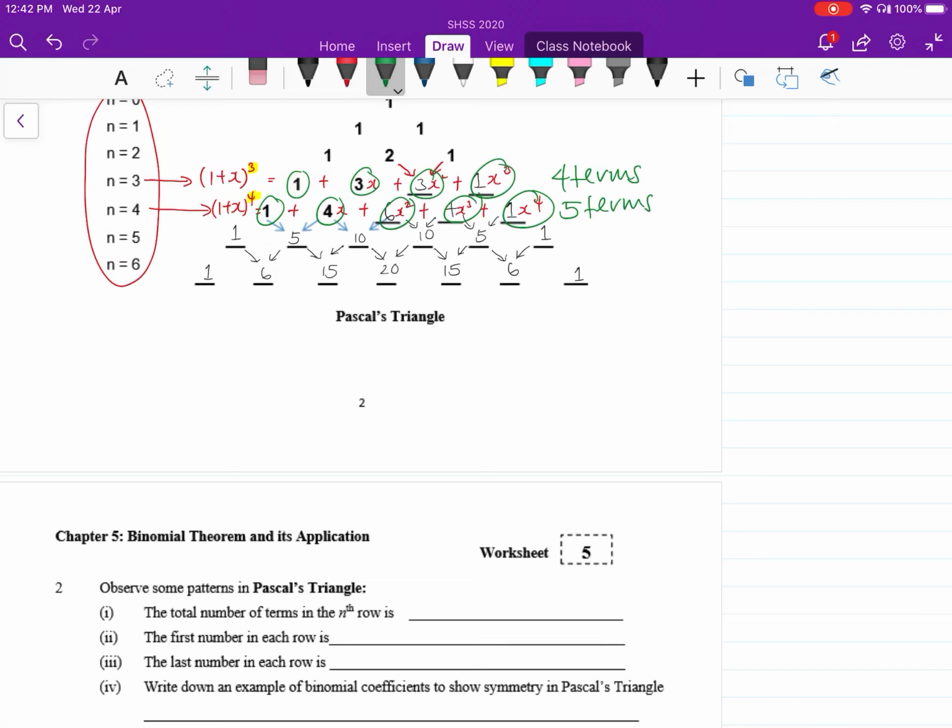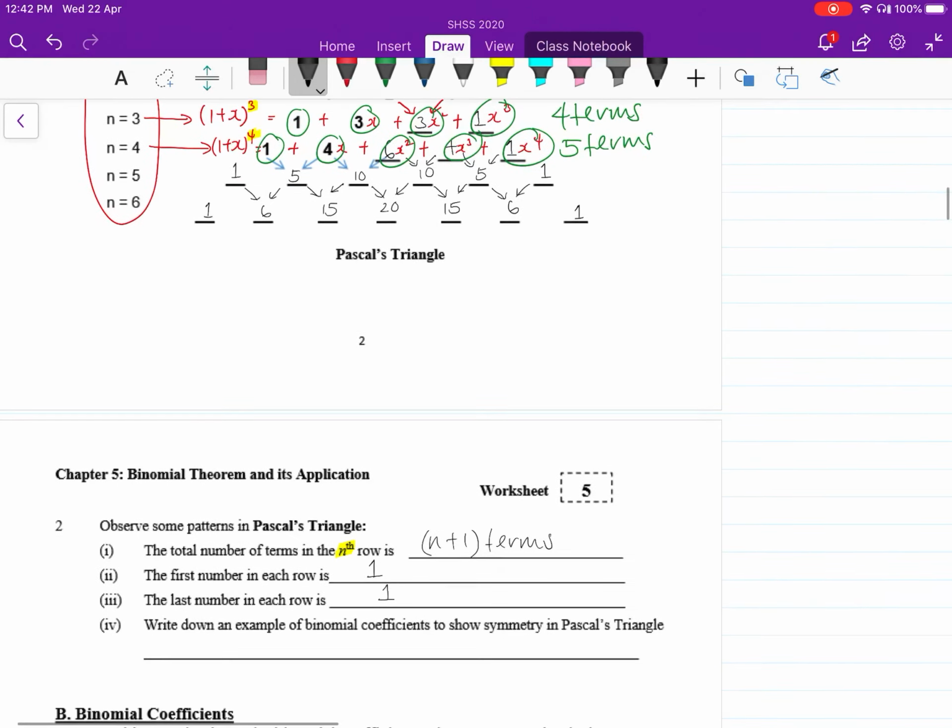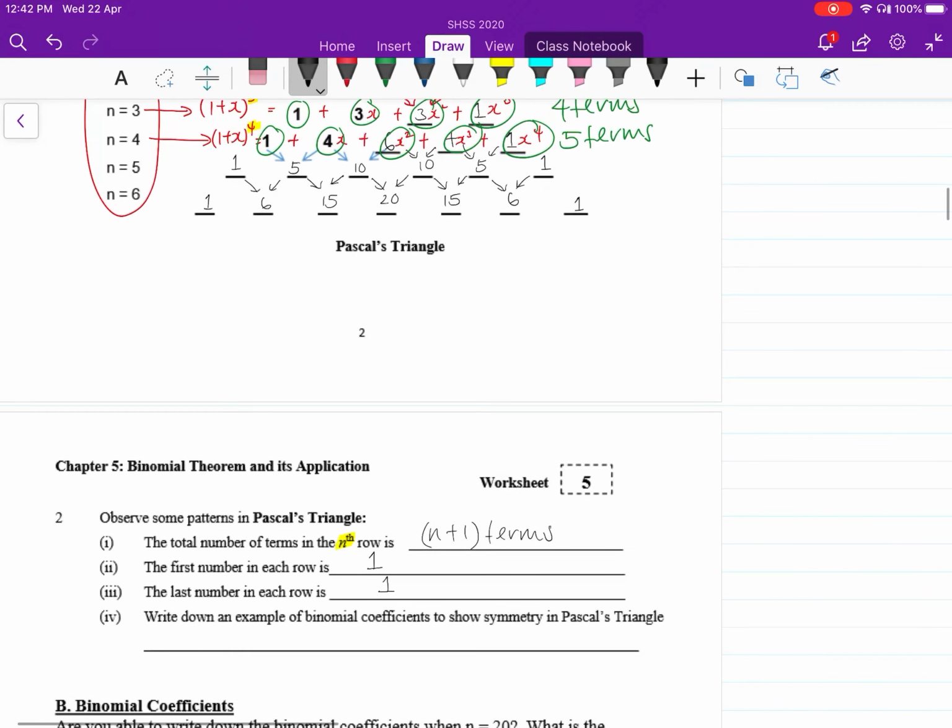So think about it. If it's power n, how many terms will I have? I will have n plus 1 number of terms. The first number of each row is always 1, and the last number of each row is also always 1.